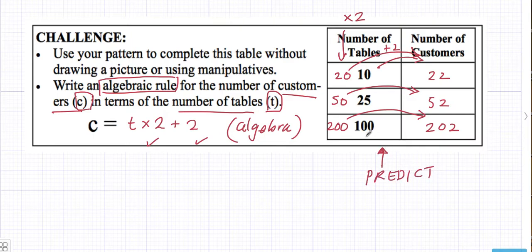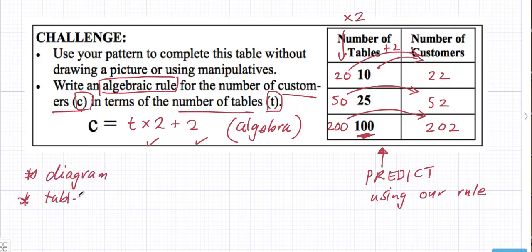So this is using numbers that we didn't have, like we can't be bothered drawing 100 tables, right? But we can use our rule to actually predict how many people we'd have because this works every time for the number of tables because our rule is correct. So the big thing here that my suggestions for you is always to draw a diagram, first of all, then fill in a table.